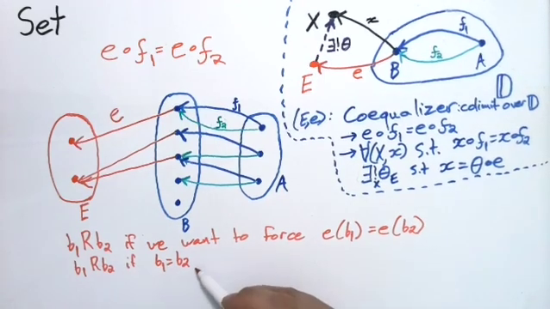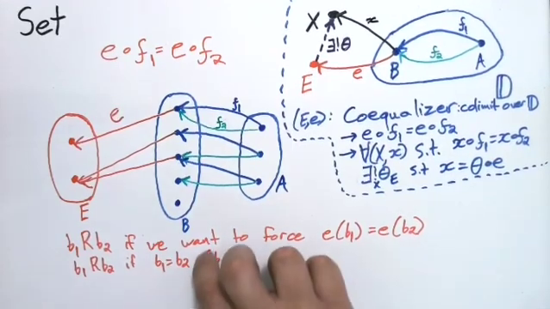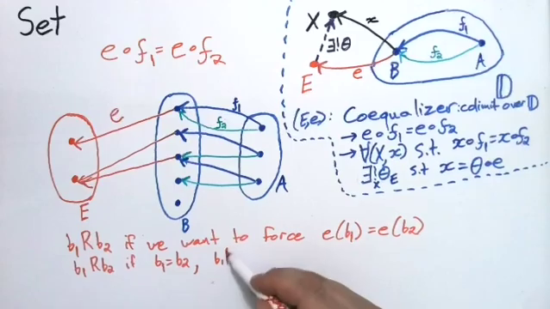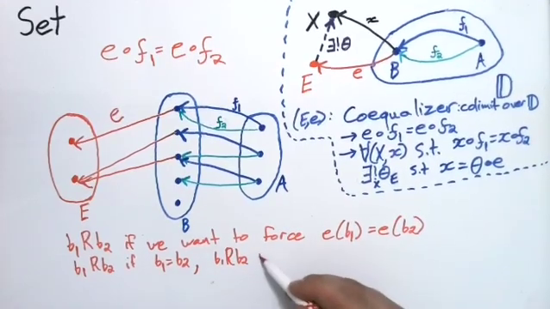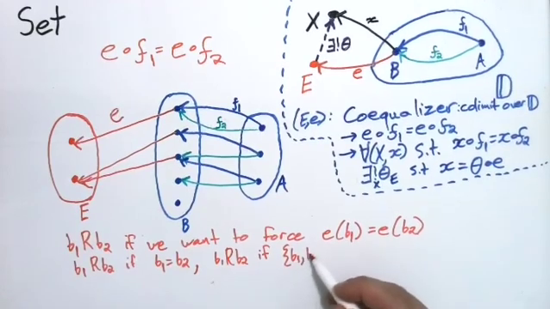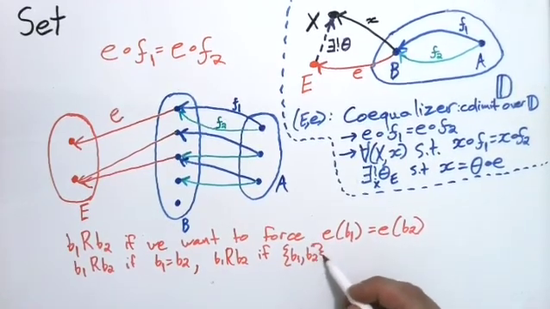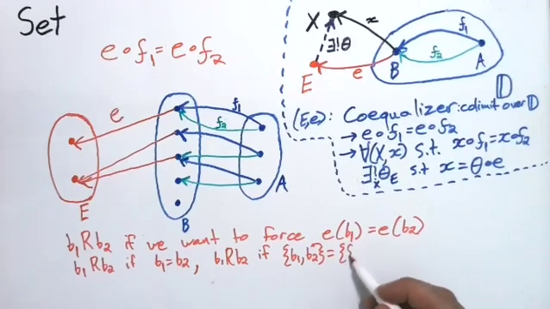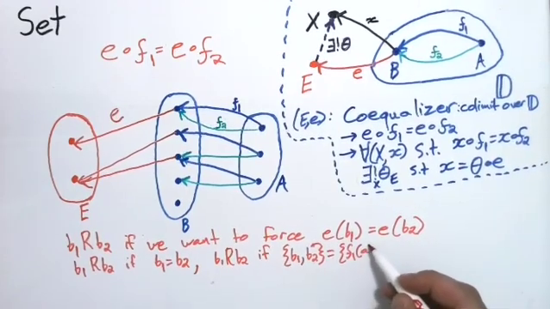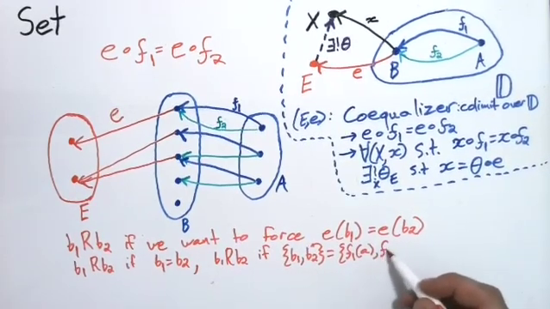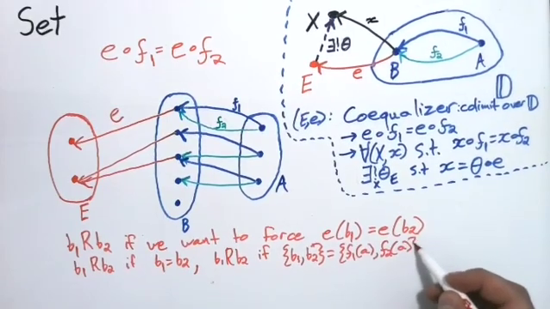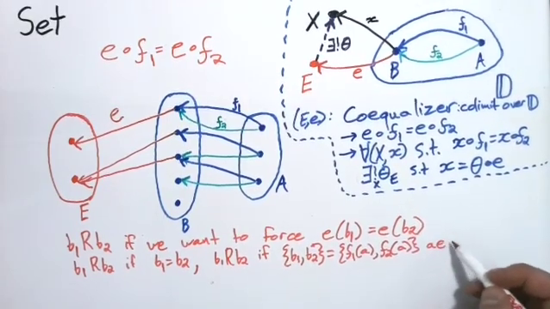Well, we say that B1 is related to B2 if (B1, B2) is equal to (F1A, F2A) for some A in A.